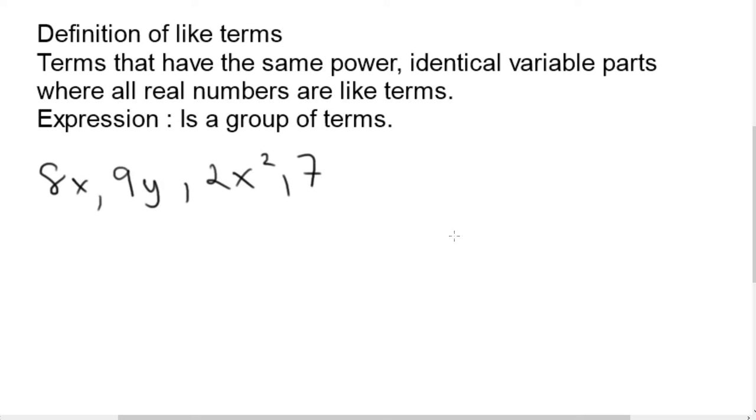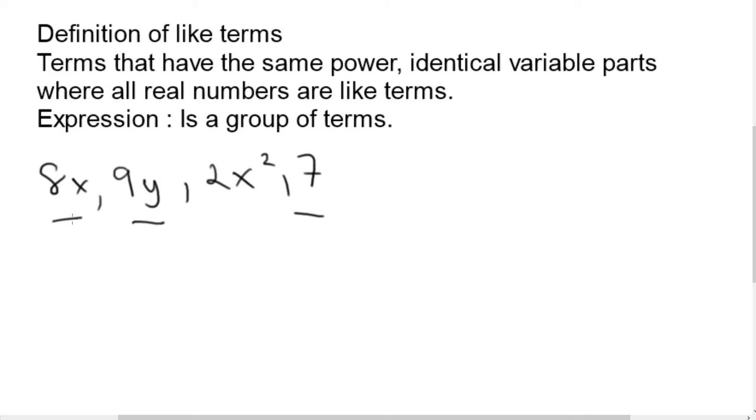So let's look at the following group of terms. Of these terms, which terms are like? Well, I have 8x. We know that's not like 9y because x and y are different. We know it's not like 7 because 7 doesn't have a variable.